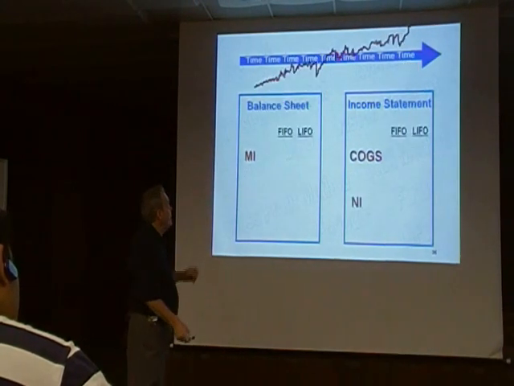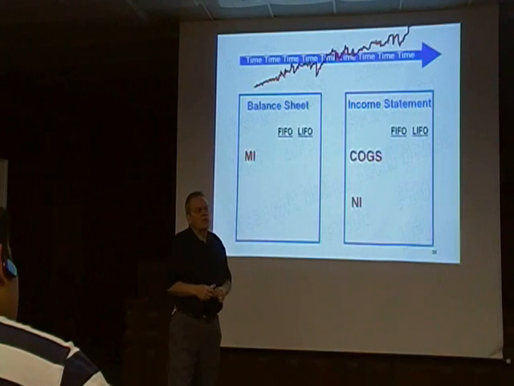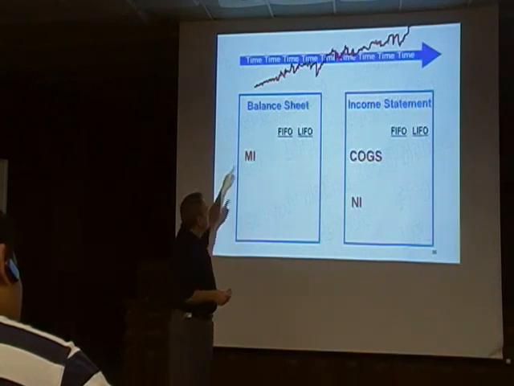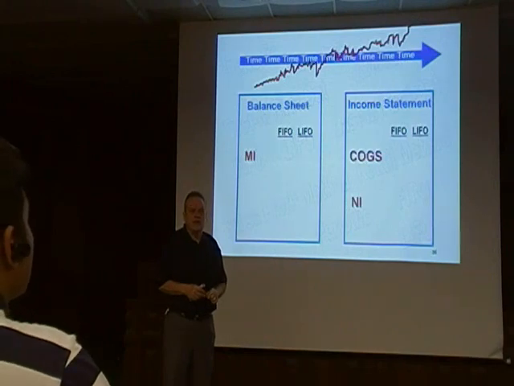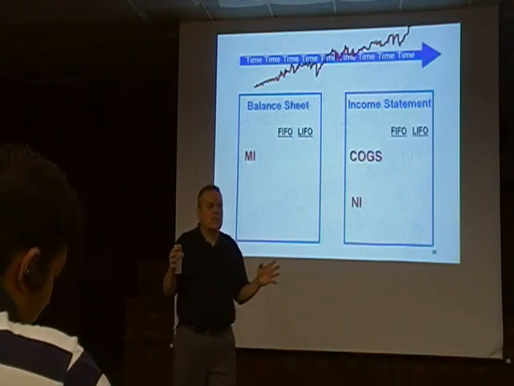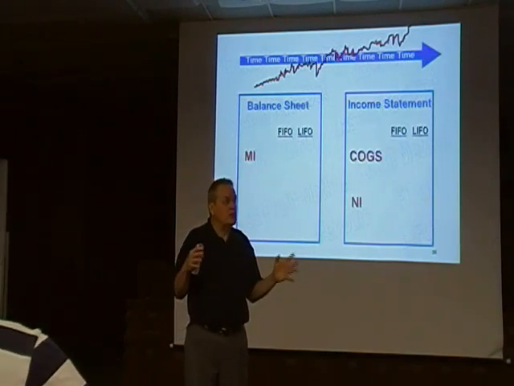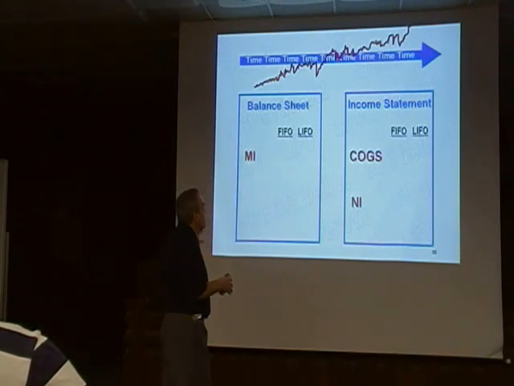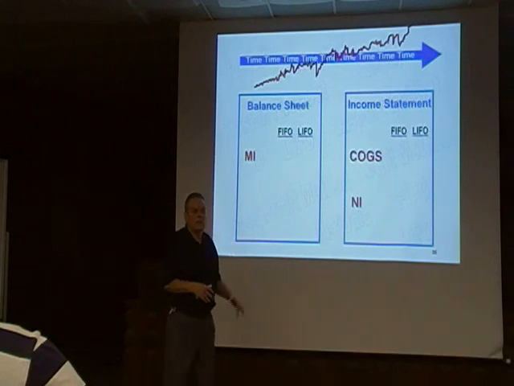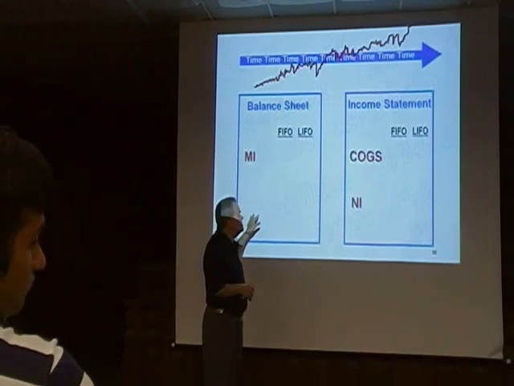What if prices rise? I've drawn a little inflationary period on the timeline to help us see the impact of us choosing the method that we do. What would happen to the financial statements? Ending inventory on the balance sheet, merchandise inventory.